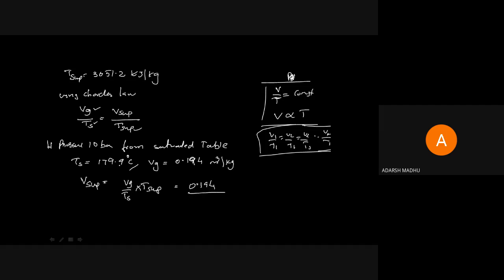Ts is 179.9 degrees Celsius plus 273, that is 452.9, into T superheat. T superheat is 573. 300 plus 273, 573. You will get the value of V superheat.